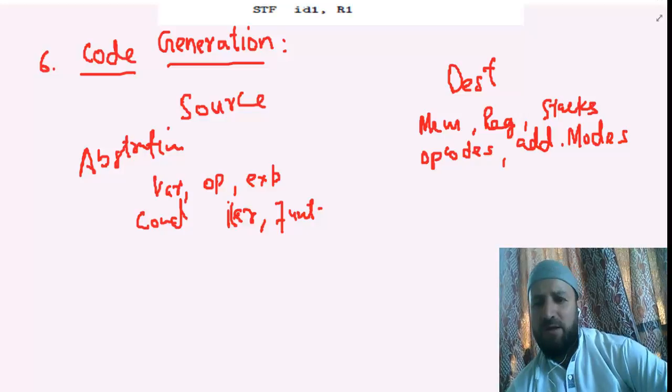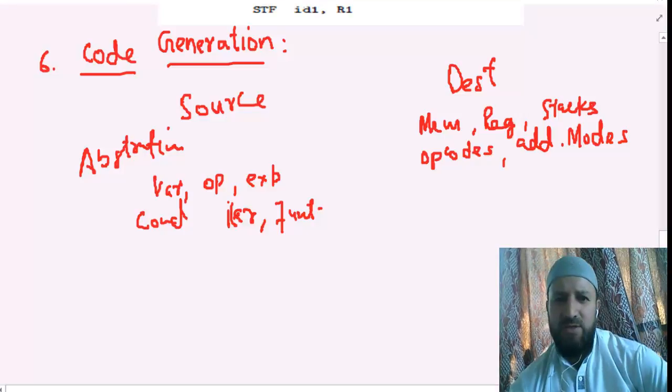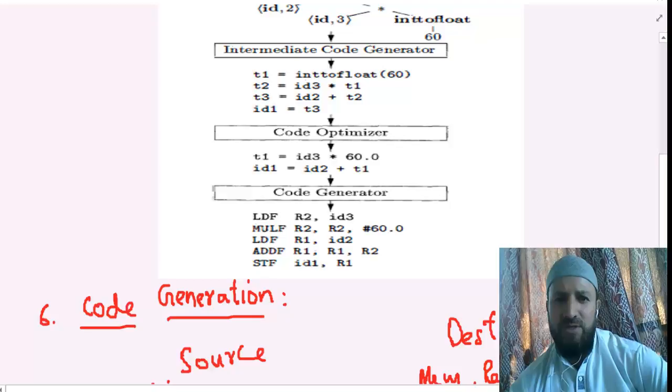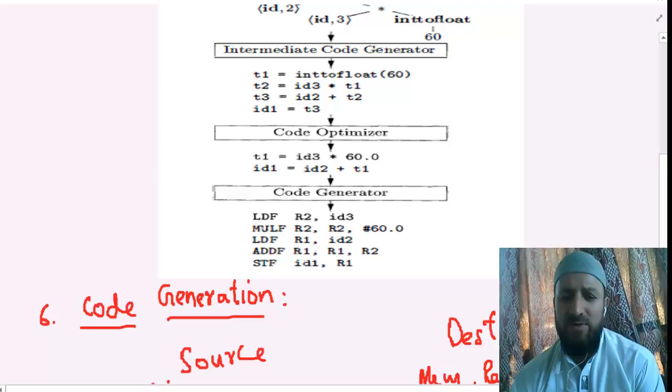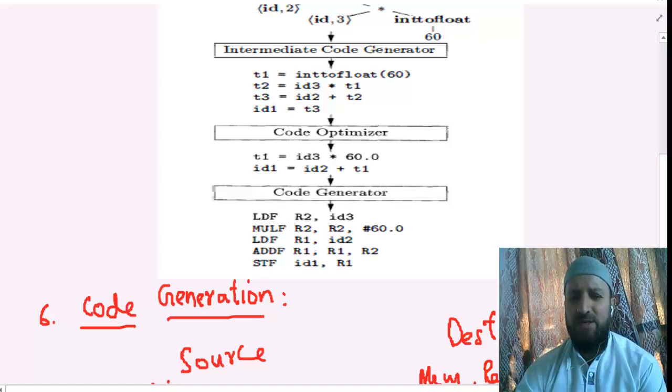If we see our diagram here, now the code optimization after done with the code generation where we are using the assembly code, okay? We are saying LDF, that's because of floating point, so that's why it's in F. So we are loading into the register R2 the identifier ID3, okay? That is actually our C, because we had, let me write it again, A equals to B plus C times 60 this time.